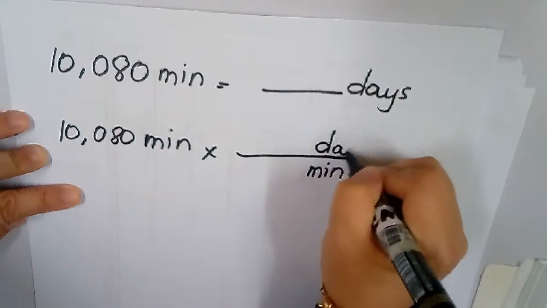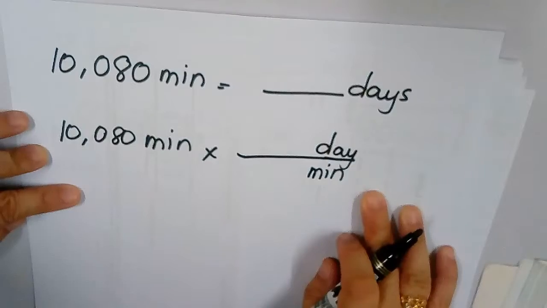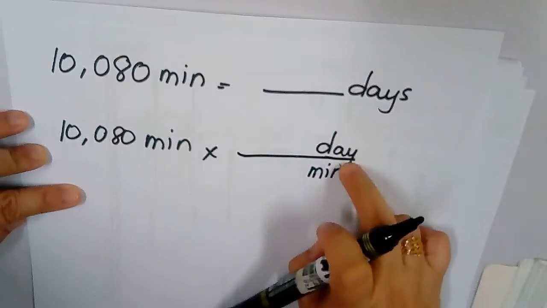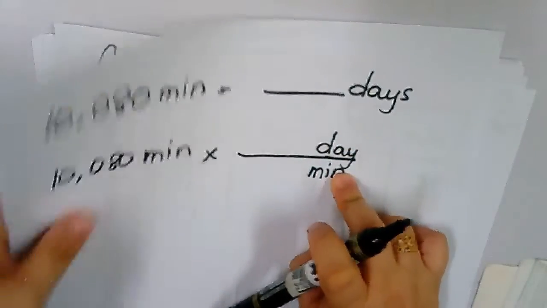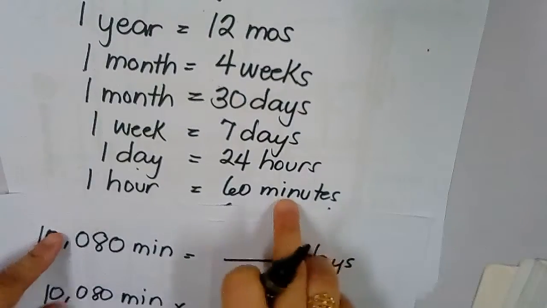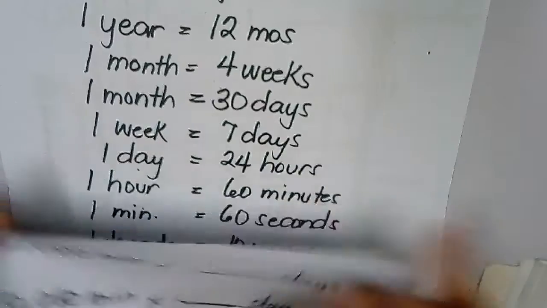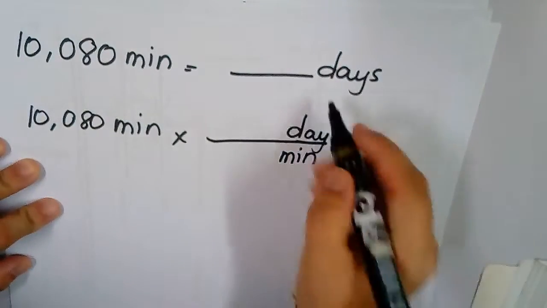So, nandito sa taas si days. Kaya lang, wala naman tayong conversion na minutes to days. So, kailangan magpunta muna siya from minutes, pupunta muna siya sa hours bago mapunta sa days. So, we have to convert yung minutes muna to hours.